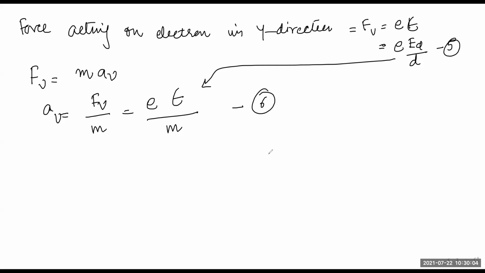Ma'am, force acting on the electron in the y direction is equal to e epsilon, how? See, I am finding the force in two ways. One is this, one is this. Any one of the formulas you can use. So force acting is e epsilon. What is epsilon? Epsilon is the electric field intensity, which I have already found in the previous page.